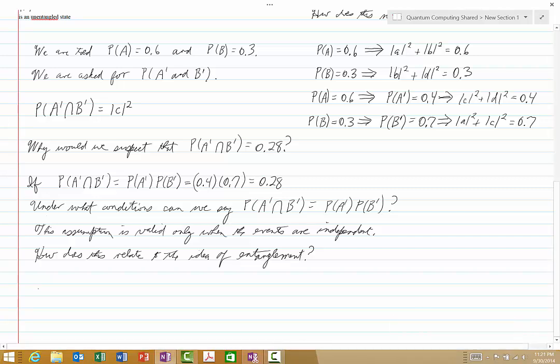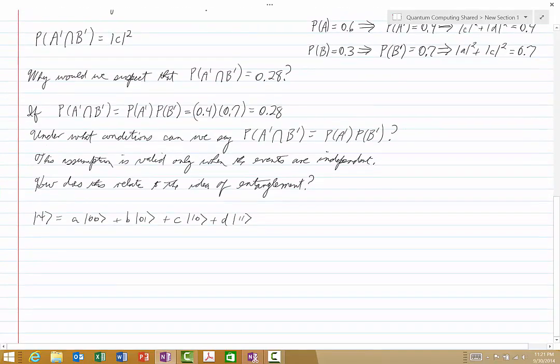Well, again, C is equal to A 0,0 plus B 0,1 plus C 1,0 plus D 1,1. Now, if we factor out the first qubit, as we've done a number of times before, we would have the following.